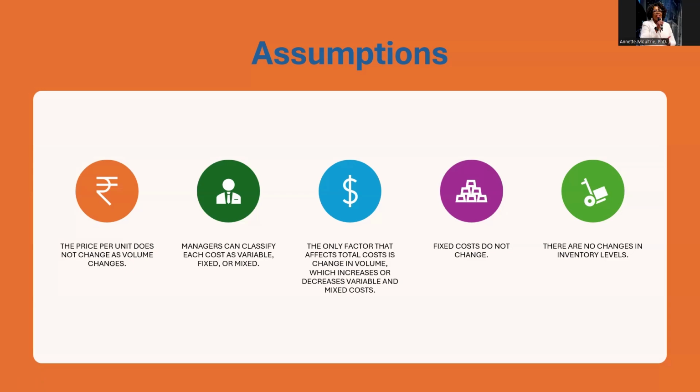And the other assumption is no inventory. There are no changes in inventory level. So the number of units produced equals the number of units sold, meaning there are no fluctuations in inventory levels.